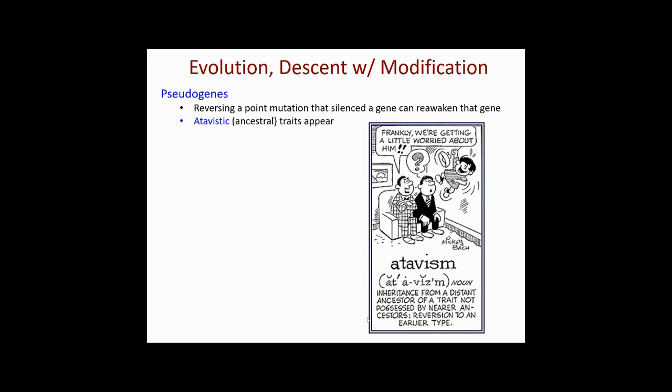And atavism is the phenomenon in which a phenotypic trait, some physical structure, reappears in an organism after a period of absence. So it's not present in the immediate predecessors or parent or grandparent generations of that individual, but it did exist in ancient ancestors. And so it just kind of reappears.